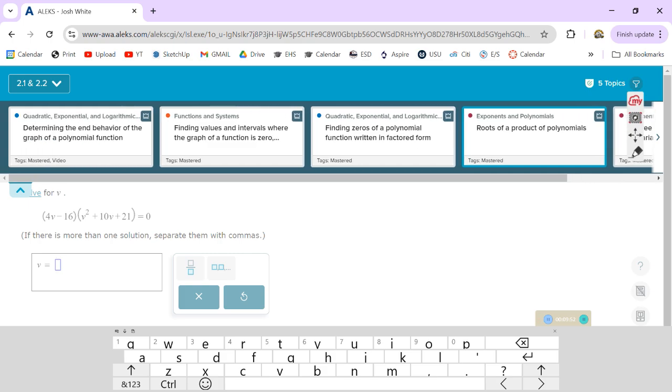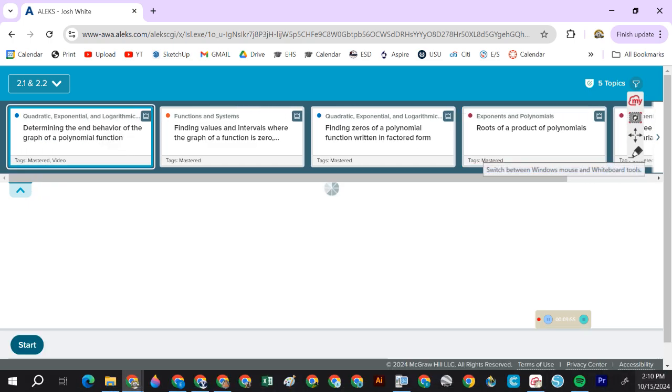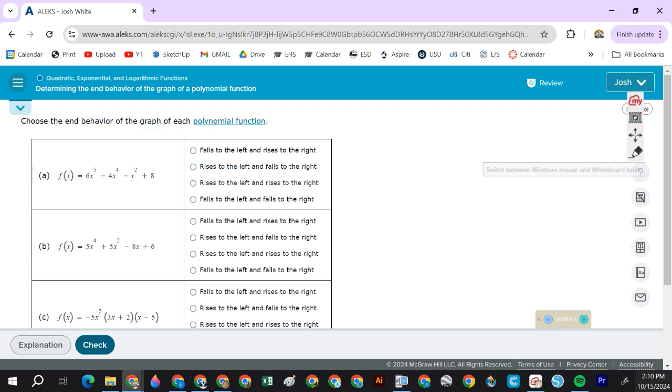Let's skip to this one. Okay, letter A. What are the ends going to look like? Well, what is the degree? 5, which is odd, which means they're opposite. And the leading coefficient is a 6. The number 6 doesn't really matter, but the fact that it's positive 6 is important.